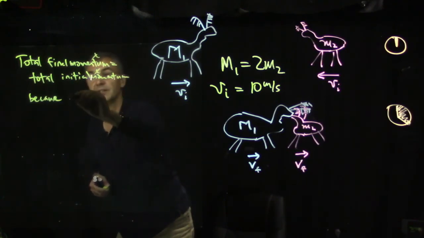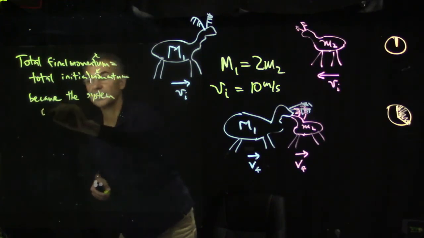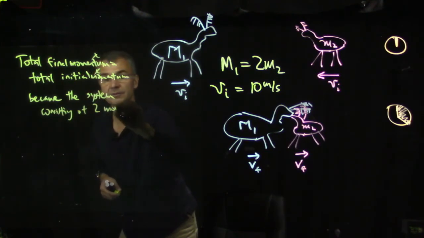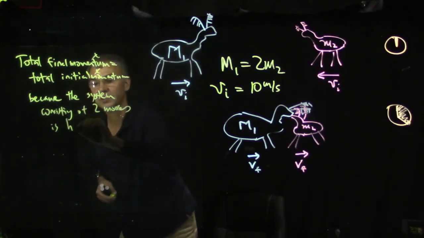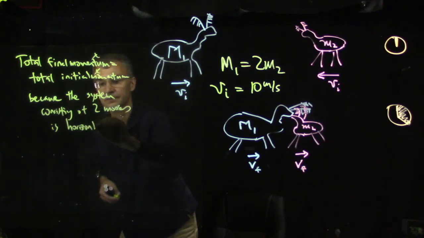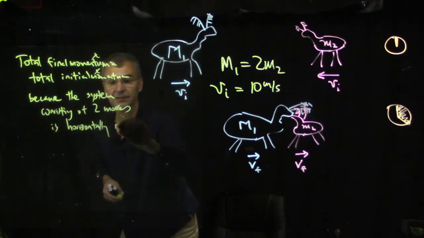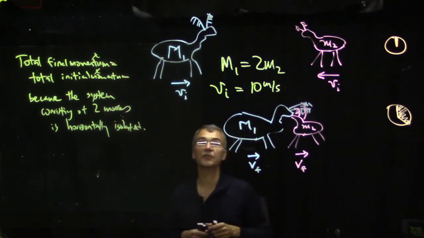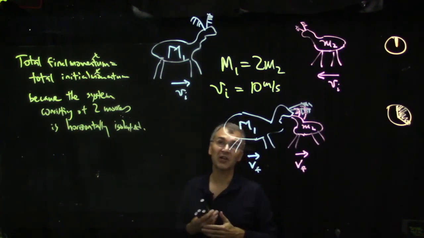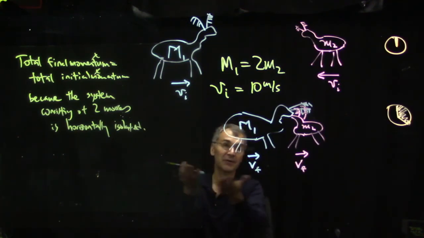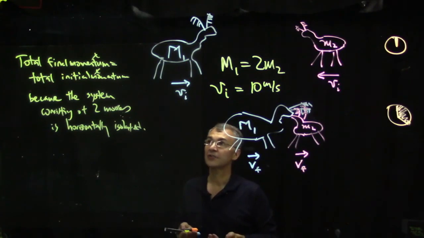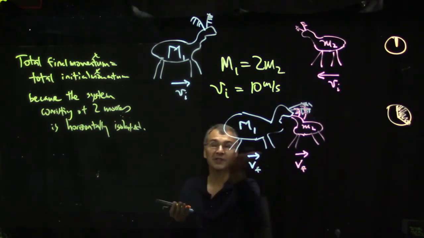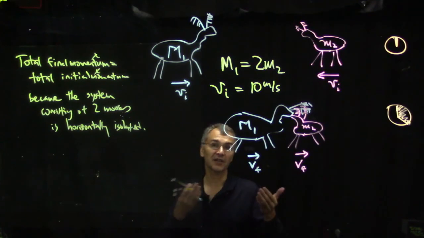The x direction, because the system consisting of the two moose is horizontally isolated, okay? We only care about the x coordinate. As far as the x coordinate goes, the two moose interact only with each other and not with anything else, because the ground is slippery, so there's no friction. So in the x coordinate, the two-moose system is isolated.